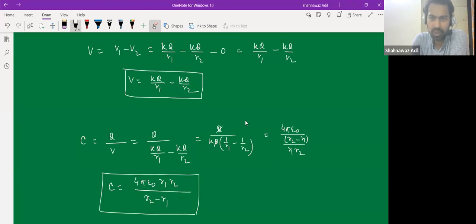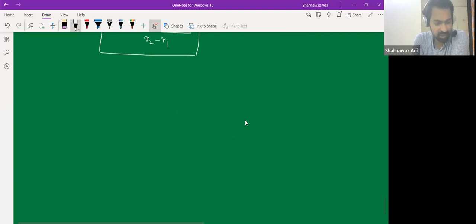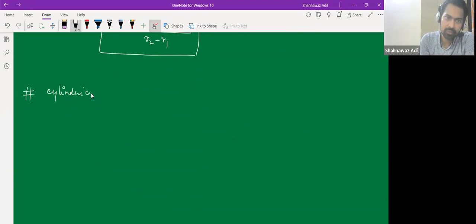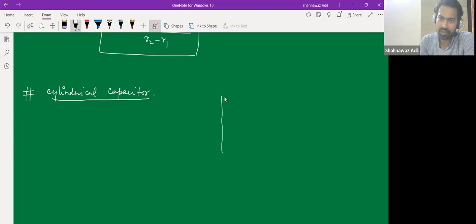Okay, so the next topic is the cylindrical capacitor. This is the cylindrical capacitor that we have, and then the outer surface.